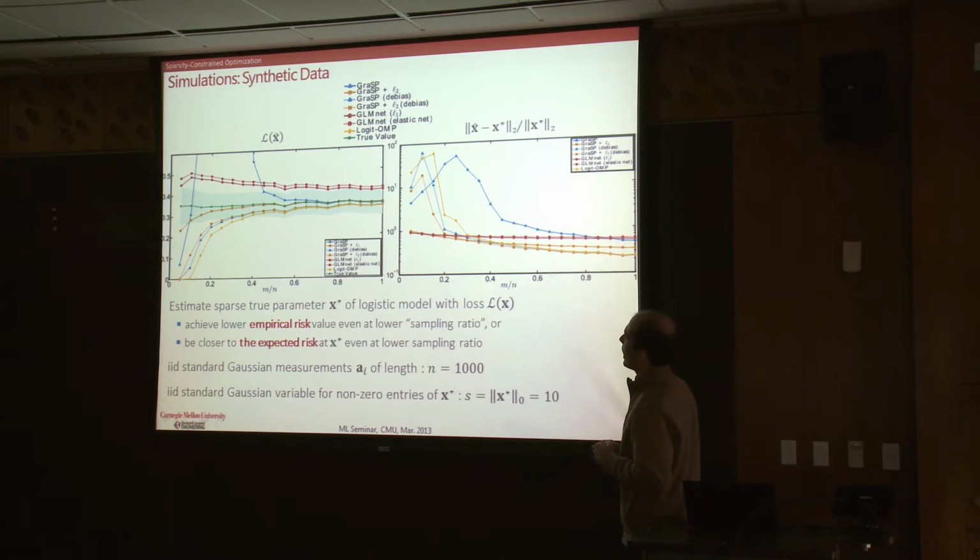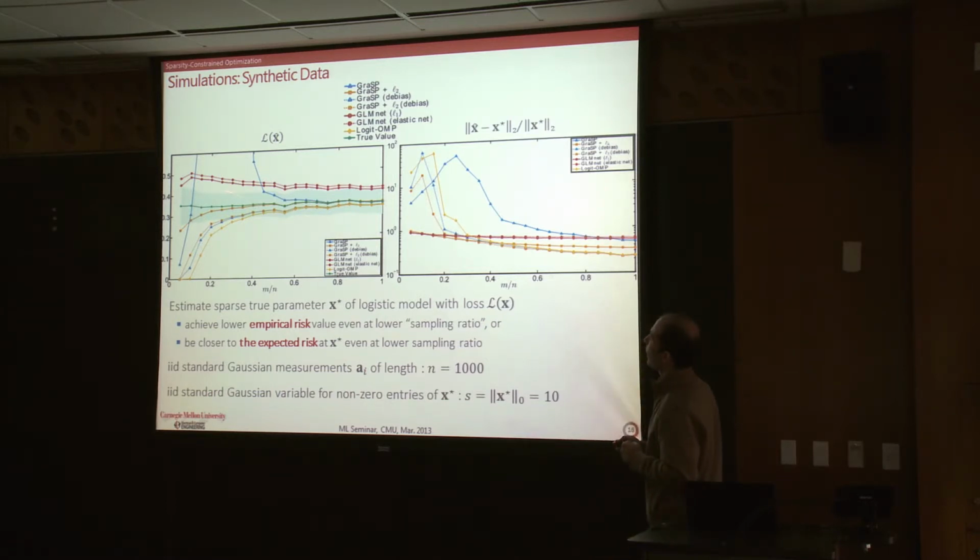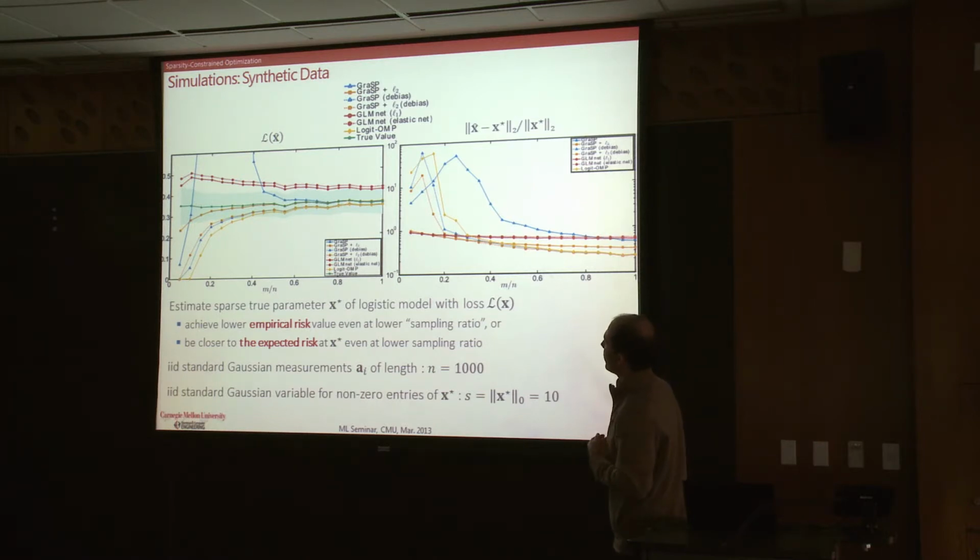But it converges as the sampling ratio increases to 1. While the convex methods do not get close to the true value of the objective, the value of the objective at the true parameter, even at large sampling ratios.